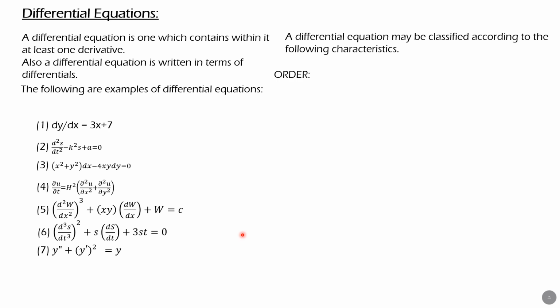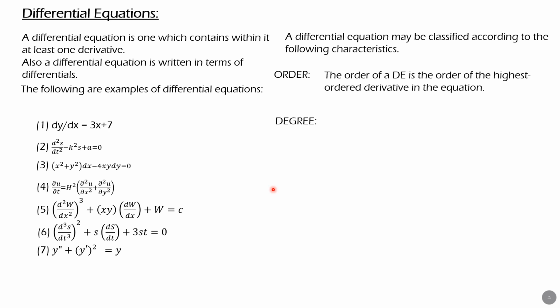And we will classify each of these differential equations later as to the order, as to the degree of a differential equation, which is the largest power or exponent of the highest order derivative existing in the equation. So that's degree, the largest power or exponent of the highest order derivative existing in the equation.